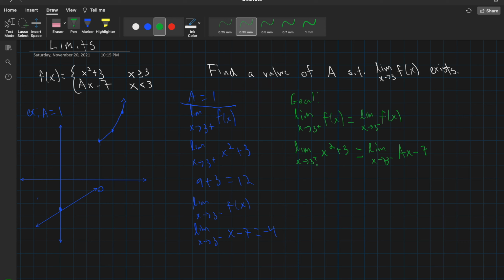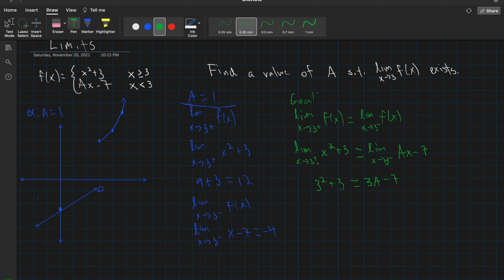So what this will end up reducing down to is plugging in numbers really close to and approaching 3. And since we don't have a denominator in either of these, we won't end up with a weird situation of 0 over 0 or some constant over 0. So this will reduce down to 3 squared plus 3 is equal to 3a minus 7.